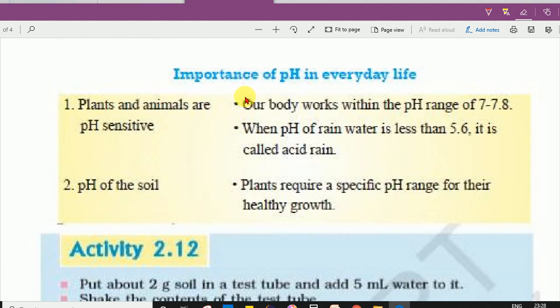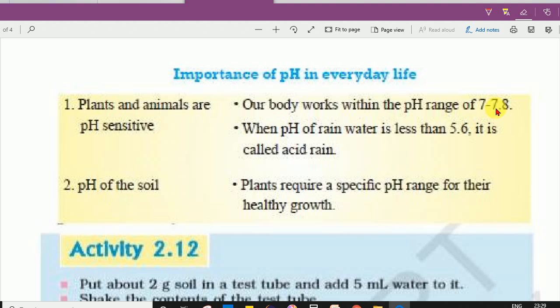Now, the importance of pH in our everyday life. It is very much important. When we were able to discover the pH values of different things, it became very important in our life. For example, plants are also pH sensitive. Our body works within the pH range of 7 to 7.8. Just now we saw that the pH value of blood was 7.4.